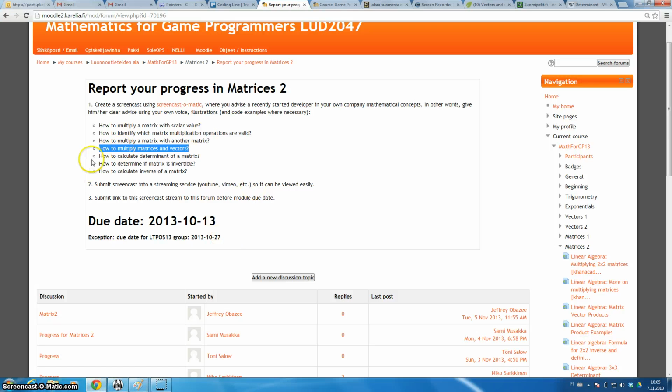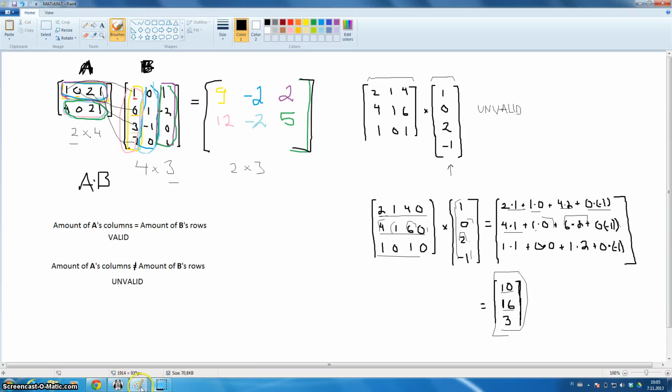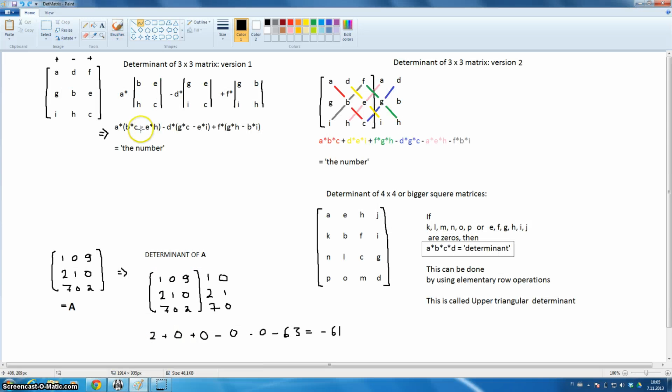Okay, then move on. How to calculate the determinant of a matrix. The determinant of a matrix is only possible with square matrices. We can find the determinant of 3 by 3 matrices by this version or by this version, which is much easier.